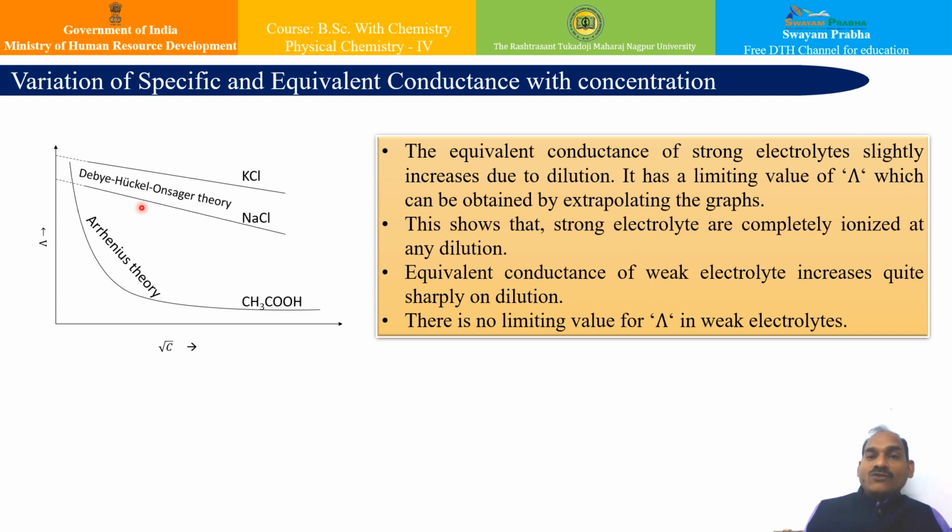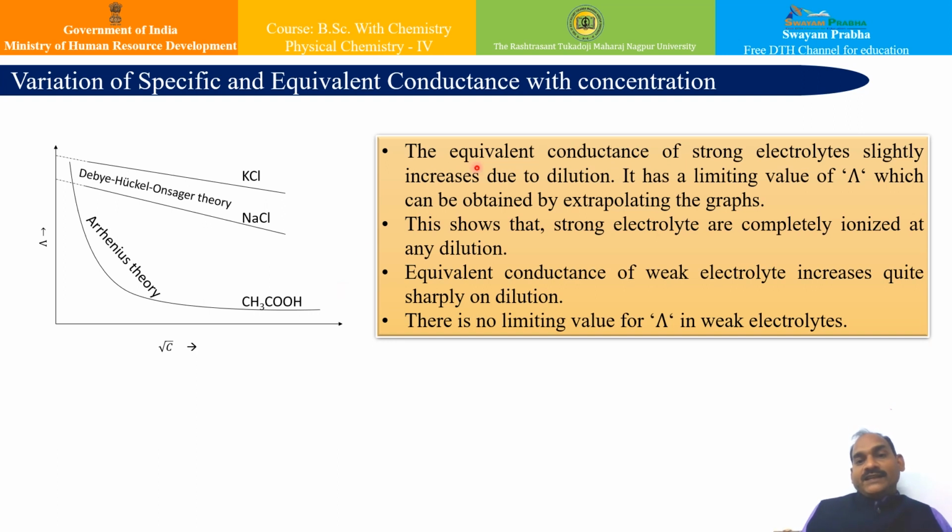Whereas in case of strong electrolyte, this increase is due to weakening of ion-ion interaction on dilution. Basically, these are the points to be noted in the variation of the specific and equivalent conductance with the concentration.